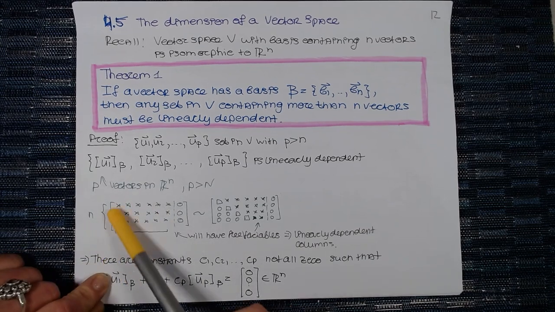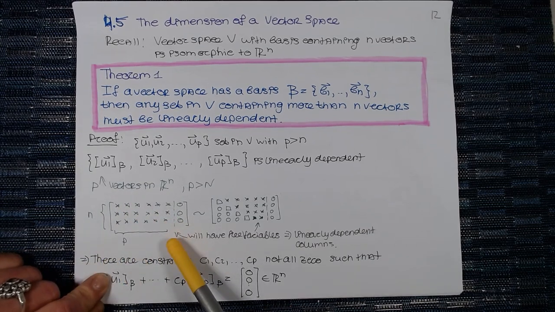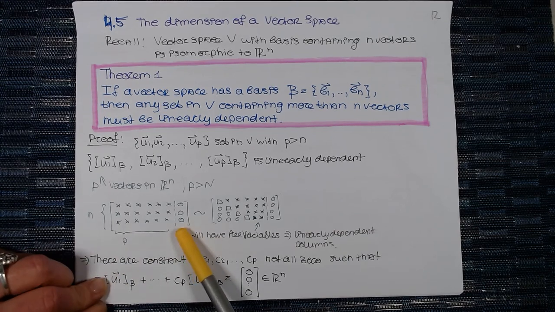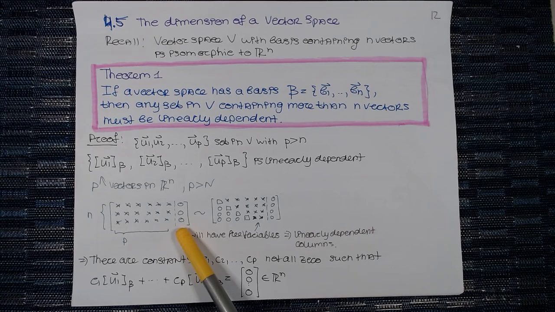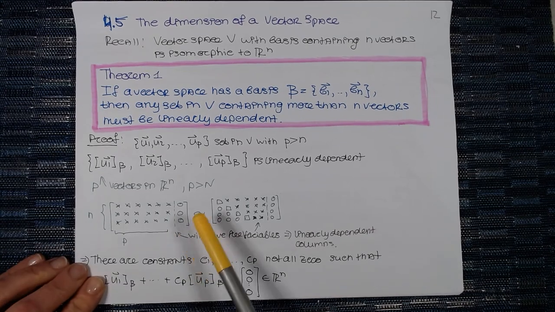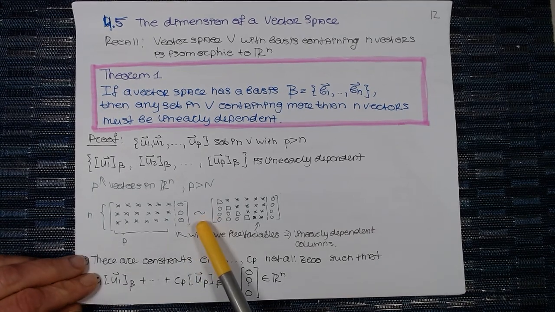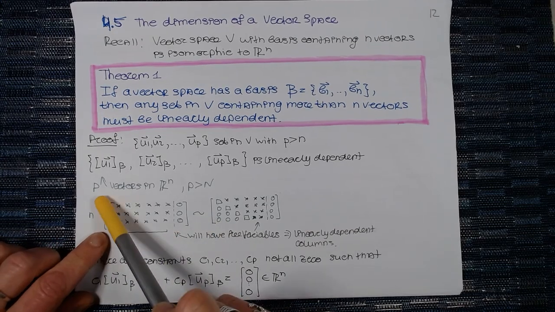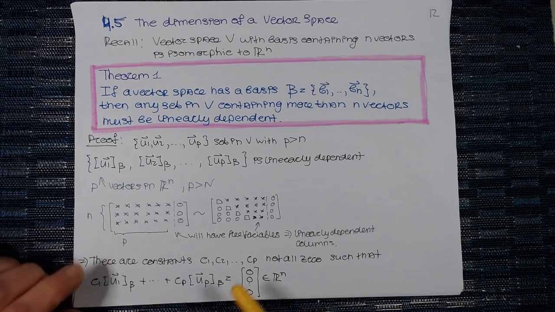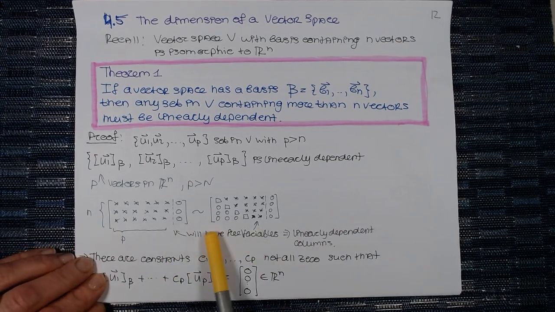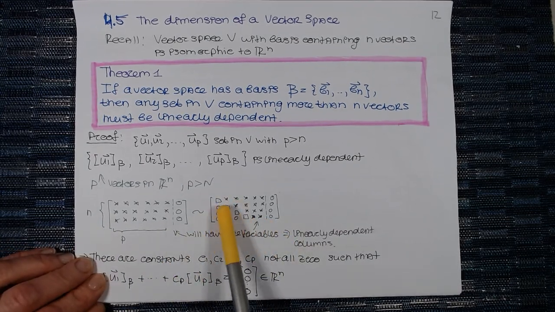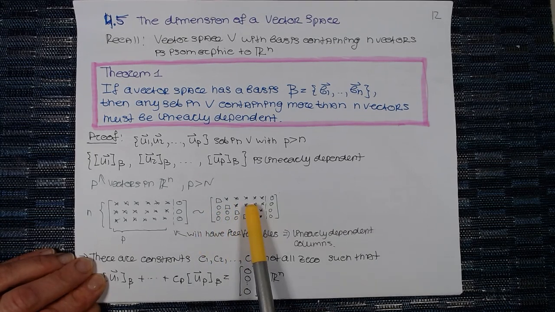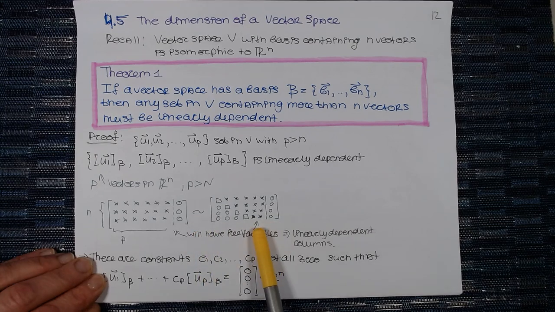Because if I put my vectors in the matrix format, or in my augmented matrix with 0 on the right hand side, when I'm writing down my linear dependence relationship, and I start doing my row reduction algorithm, because p, the number of columns, is greater than n, the number of rows, I might not even have some of the pivots. But there is no way for me to not have free variables.